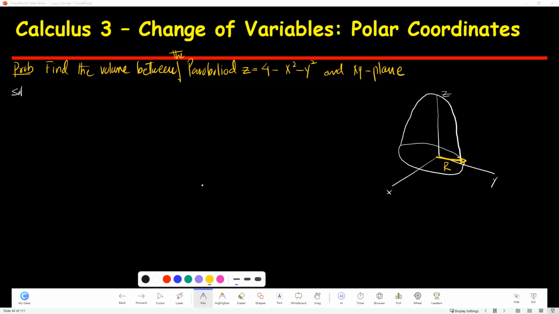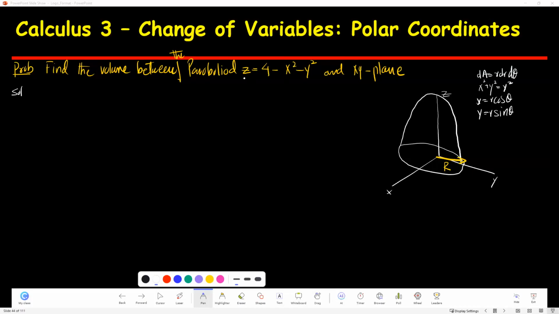So I'm going to be using a few equations before I start anything. I'm going to be writing here dA equals to r dr d theta. Then I know x squared plus y squared equals to r squared. I also know x equals to r cos theta and y equals to r sin theta.